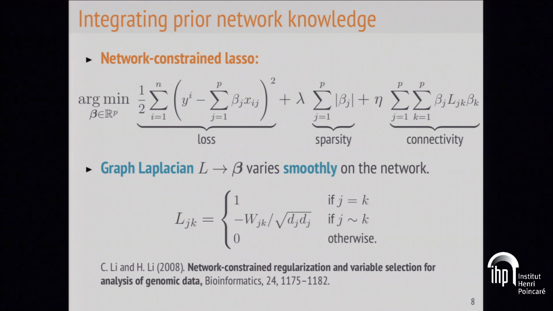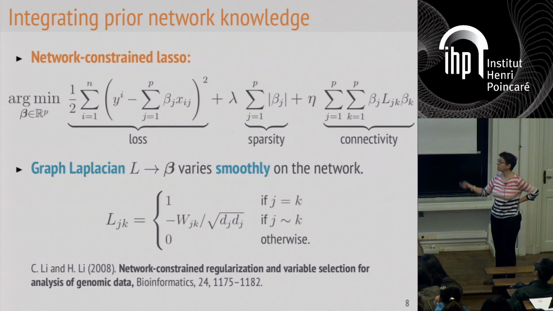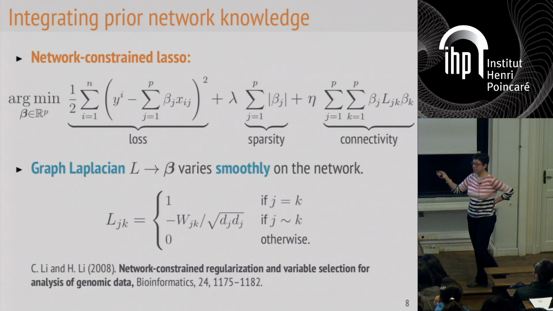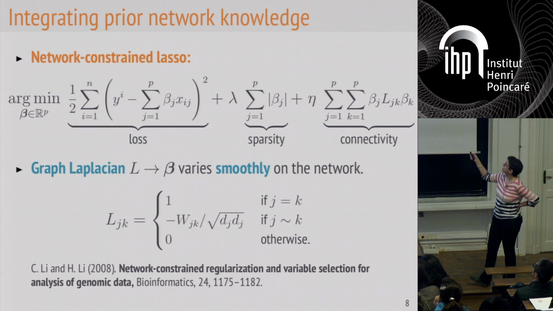And you can add a constraint here, a connectivity constraint. It's based on the graph Laplacian. So you have your network, and W here is the adjacency matrix of the network you're using. The graph Laplacian can be defined in the way shown here. When you use this graph Laplacian, it means that the weights beta are going to vary smoothly across the network.